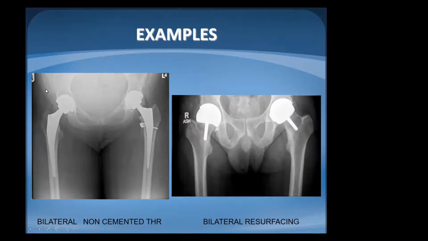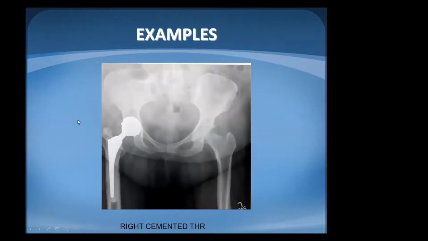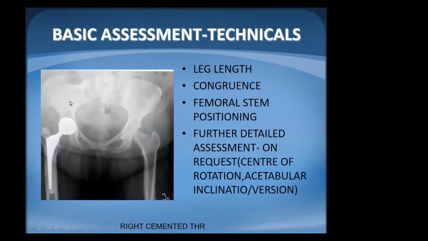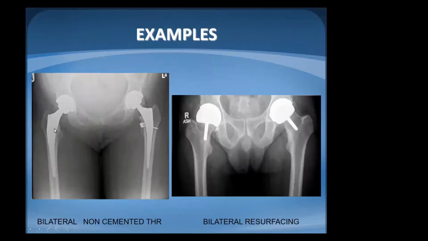For acetabular inclination, you draw a line through this region of the acetabulum and then the horizontal line through here, and you measure the angle. It should be between 30 and 50. Please do this only if the orthopod is asking you for that complex assessment, alongside the version of the femoral prosthesis and so on.